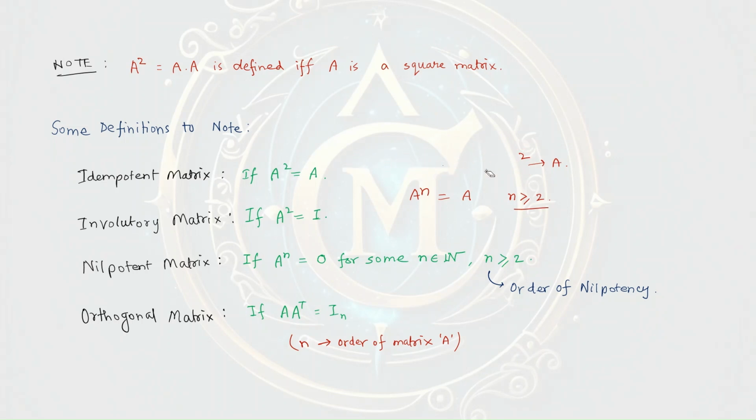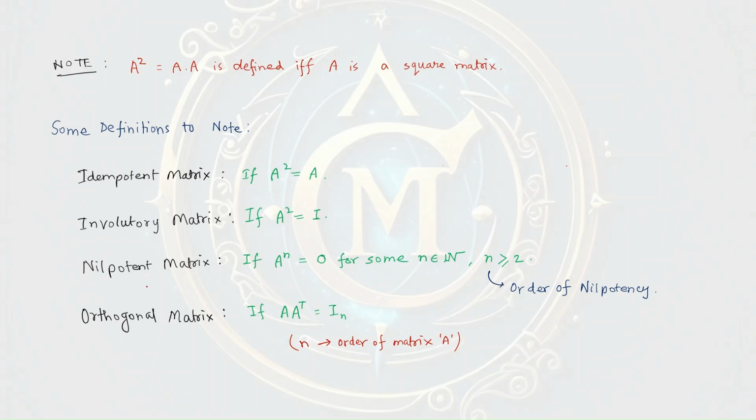Now coming to the second important definition, that is involutory matrix. We call a matrix involutory if the square of the matrix becomes the identity matrix.